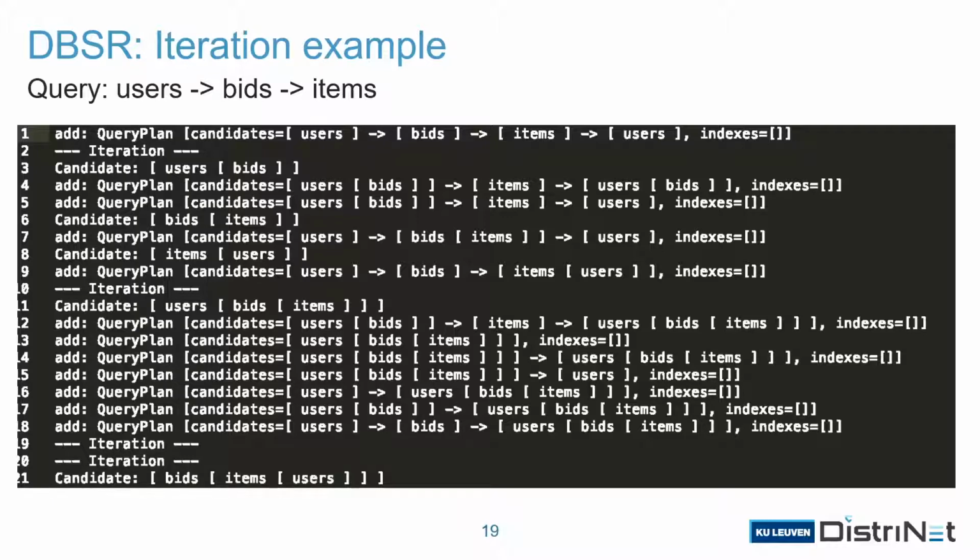The query plan is then optimized by merging together bids with the users, so a user record will now contain its biddings as well, and as well merging together a bidding record with the item information which the bid was placed on. So as you can see, as we move on, we get more and more query plans and more complex embedded data structures. So this is still at the early stages of the generator, but it gets quickly more complex later on.